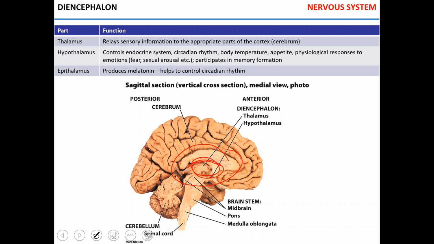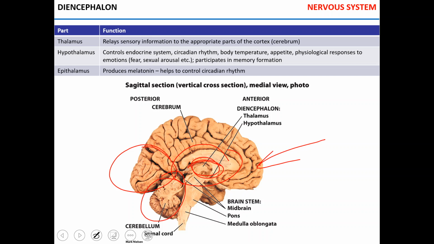For instance, visual information has to go into the visual cortices in the occipital lobe of the brain. Potentially it has to go into the prefrontal cortex. So the thalamus works as the relay system.